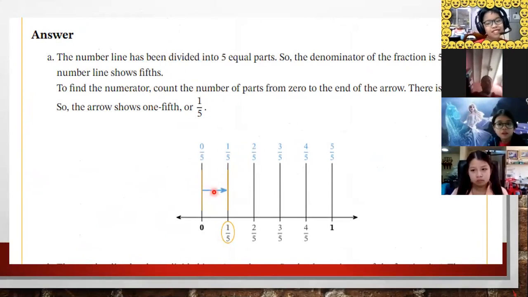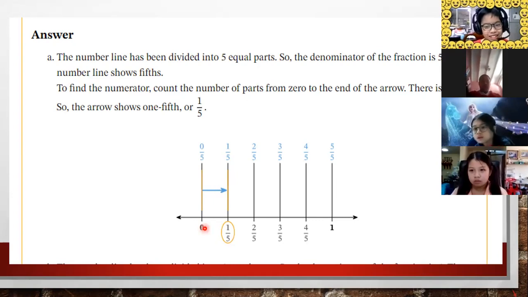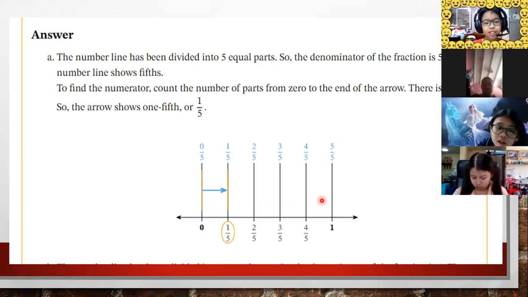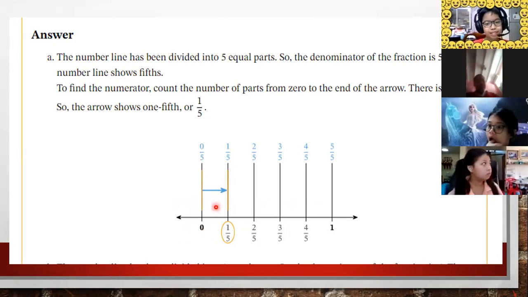Okay, this arrow, the number line has been divided into how many parts? How many parts? 1, 2, 3, 4, 5. So it will be divided into how many equal parts? This one, 0 to 1. And then divide this into how many equal parts?